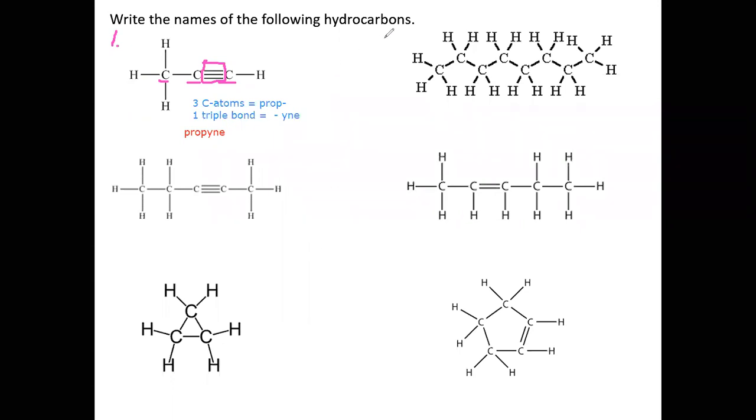Next we go to number 2. Here if you count, we go 1, 2, 3, 4, 5, 6, 7, 8. So we have 8 carbon atoms, so it uses the prefix oct.